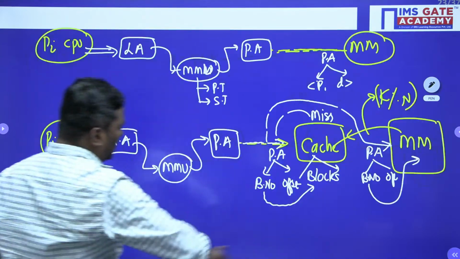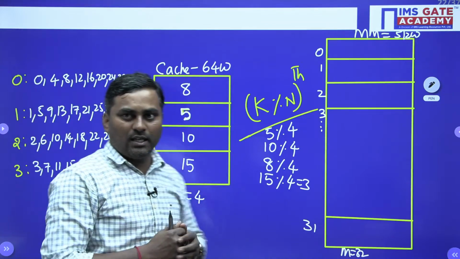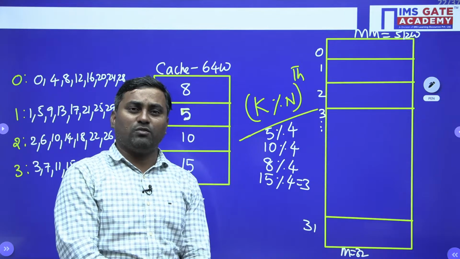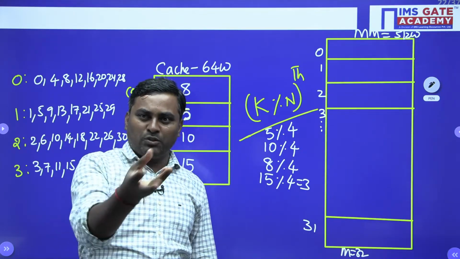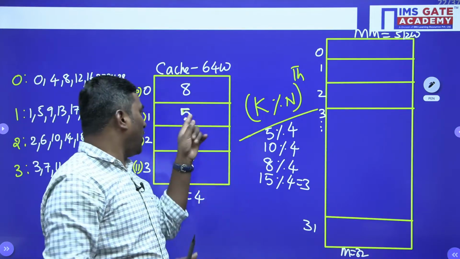With the 2 bits I will search the block number, let's say block number 01. Block 5 is there here. Yes, a block is there. One challenge will come here, please understand. I have taken the block number bits, 2 bits, and I search the block number in cache memory. Let's say 01: there is block 5.